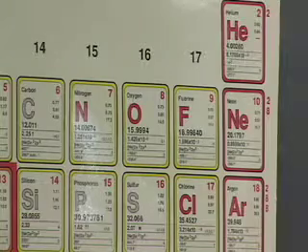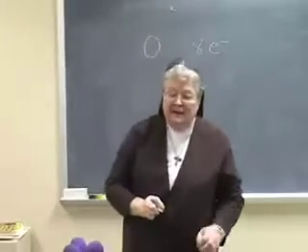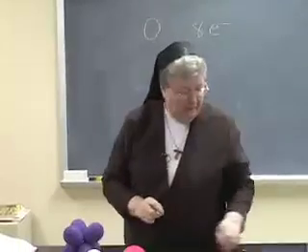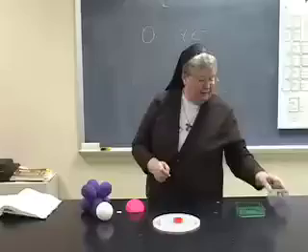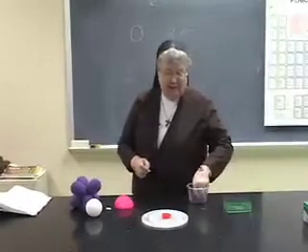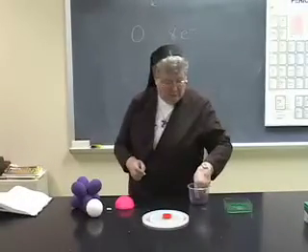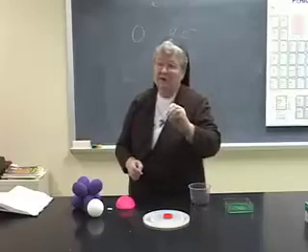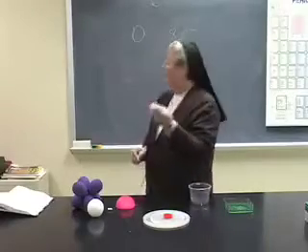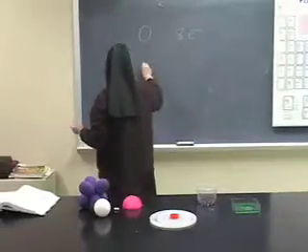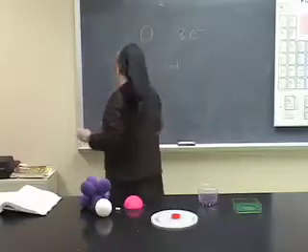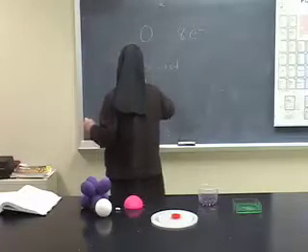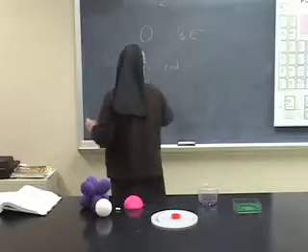So let's do ourselves a job of putting them in the right place. I'm going to make a convention here, and I'm going to say that the red spheres represent s electrons, because they're a happy little sphere, and the green represents p electrons.